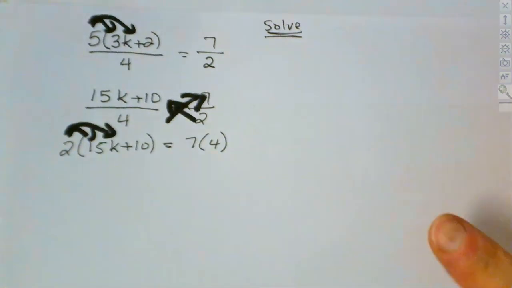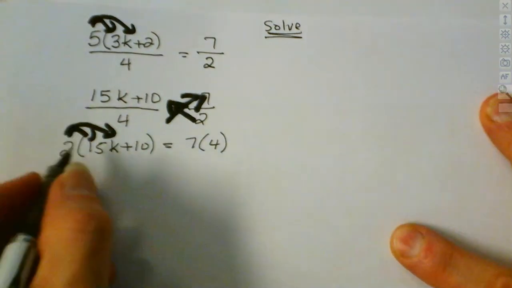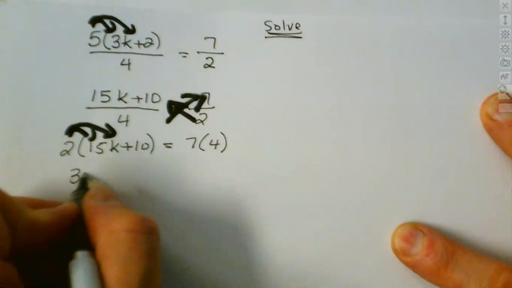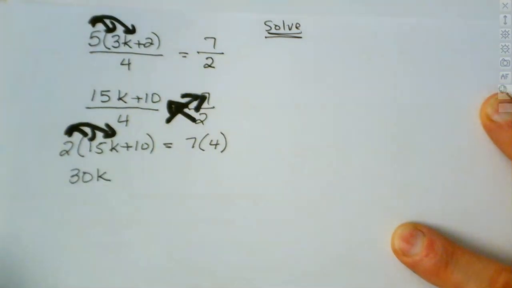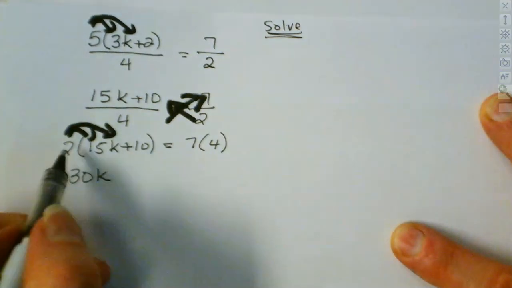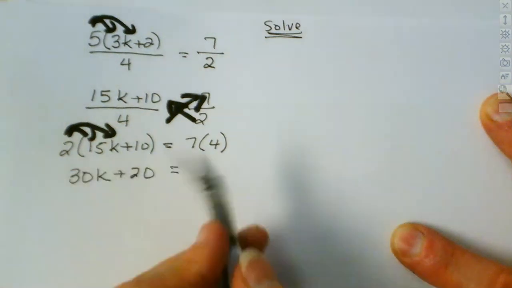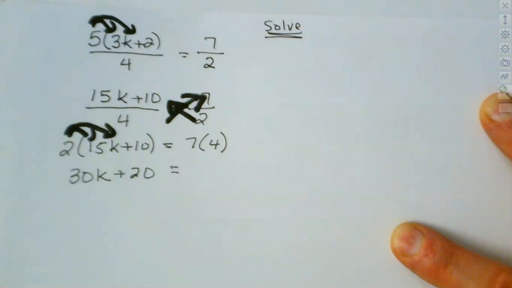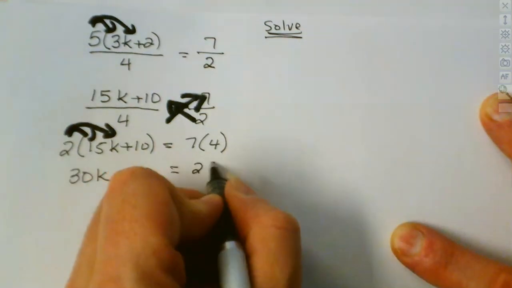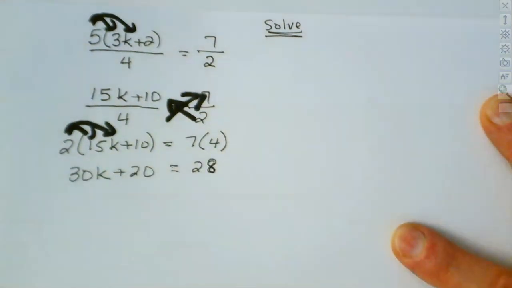So we distribute through. So 2 times 15, that makes it a 30. So that's 30k. 2 times 10 makes it a 20. And 7 times 4 on the other side. Well, 7 times 4, that makes it a 28.